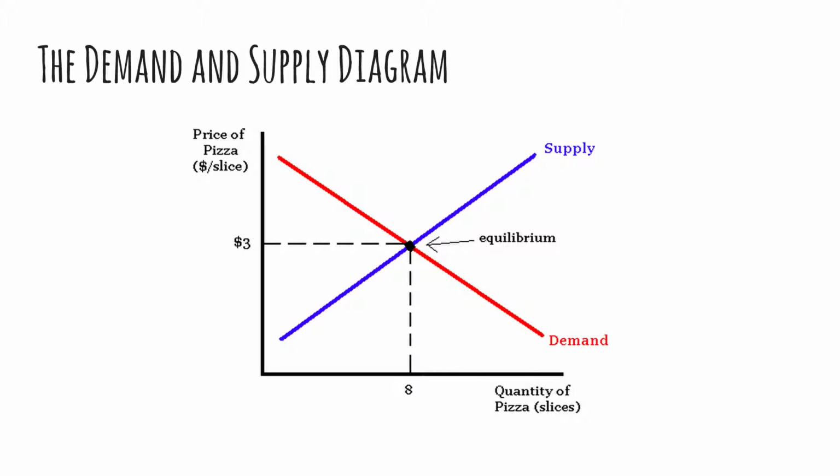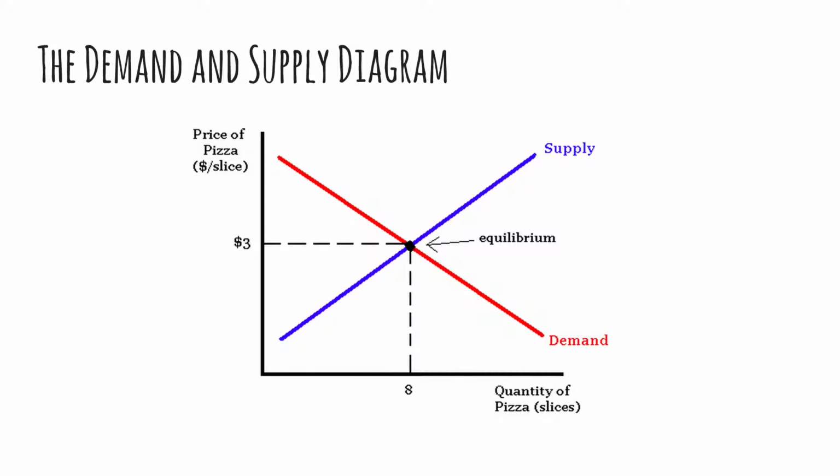For instance, this is a pizza market, pizza slices. There is demand for pizza slices created by the consumers at the price of €3, and at the price of €3, the producers of pizza are willing to supply 8 slices of pizza. This is just an explanation of theories.